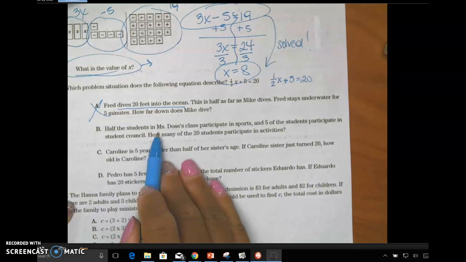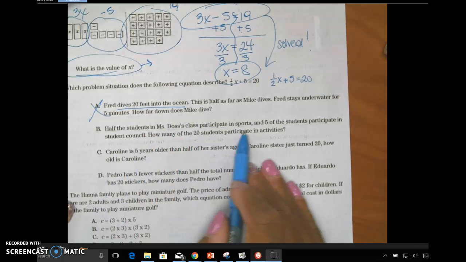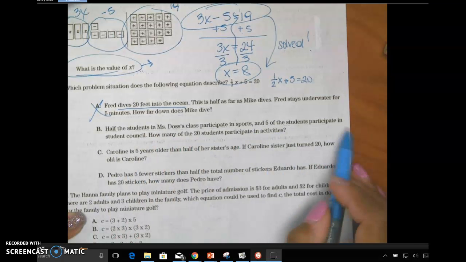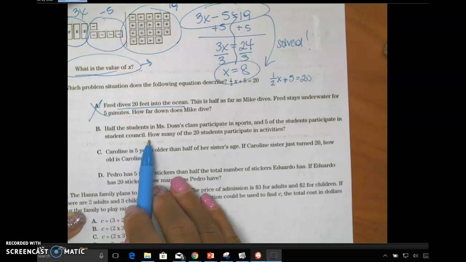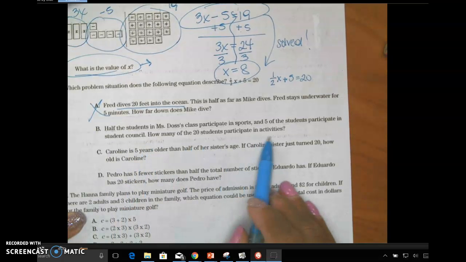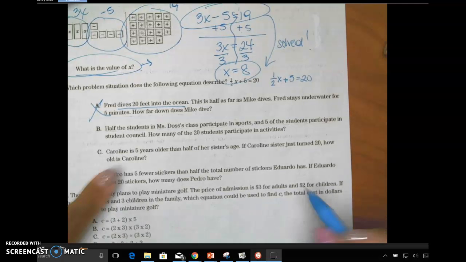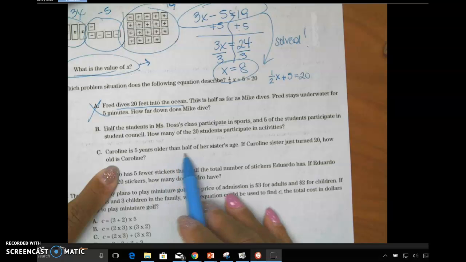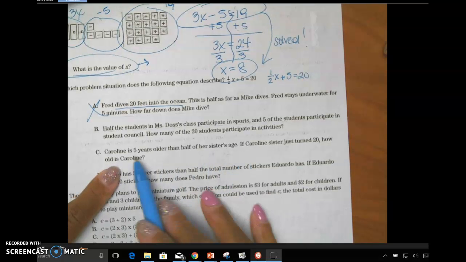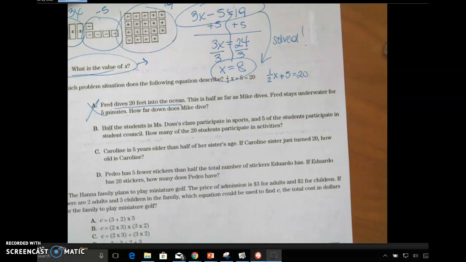Half of the students in Miss Doss's class participate in sport, and 5 of the students participate in student council. How many of the 20 students participate in activities? I don't know yet. Caroline is 5 years older than half of her sister's age. What tells you to subtract? It says older than. Am I taking my age away? I'm not Benjamin Button.